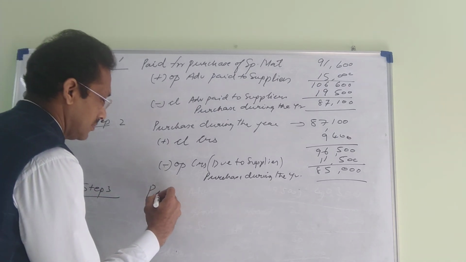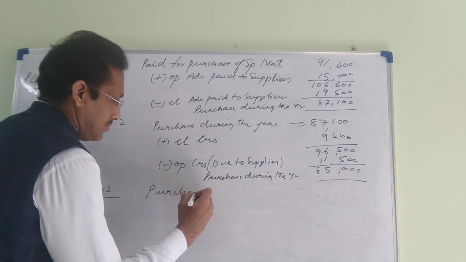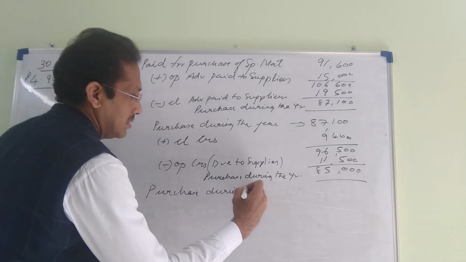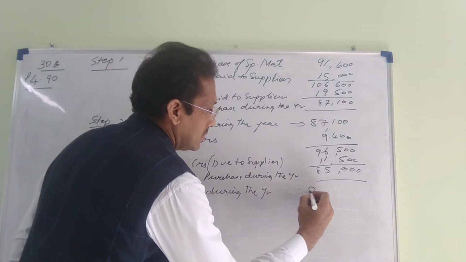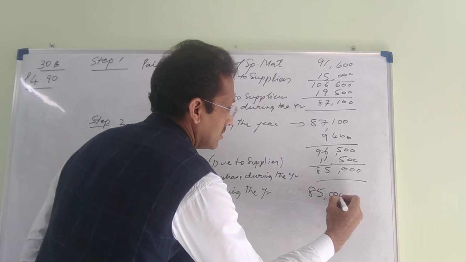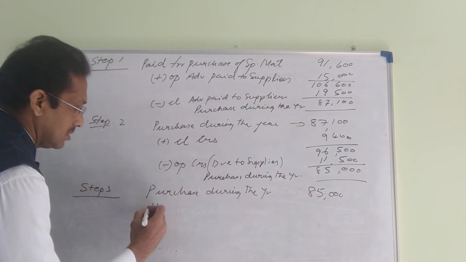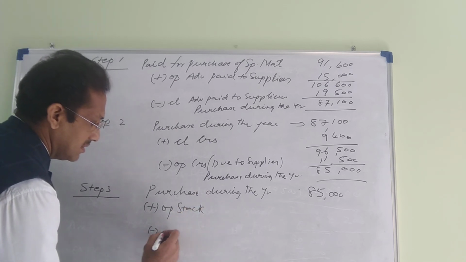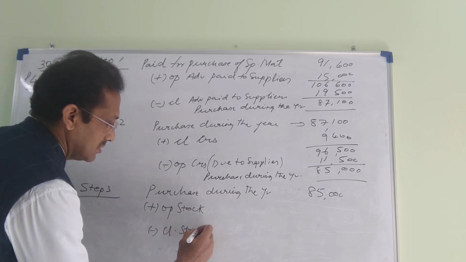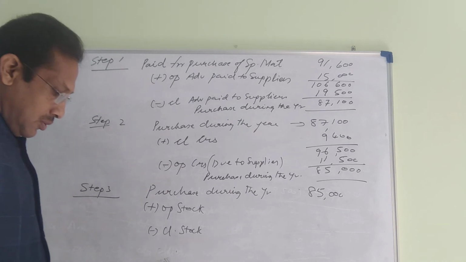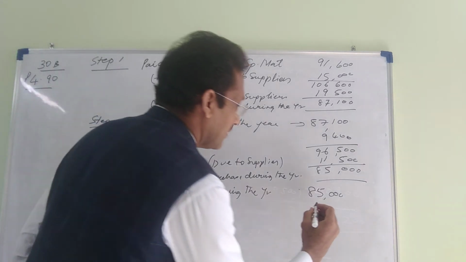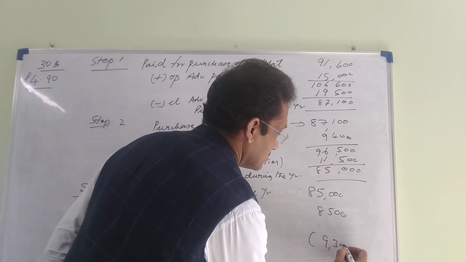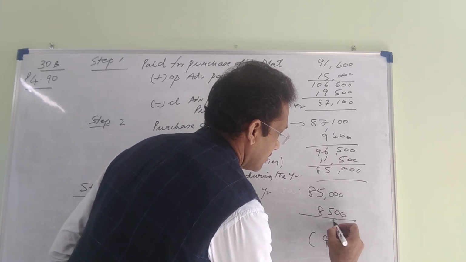Step 3. Purchases during the year 85,000, add opening stock minus closing stock. Opening stock is 8,500 and closing stock is 9,300.